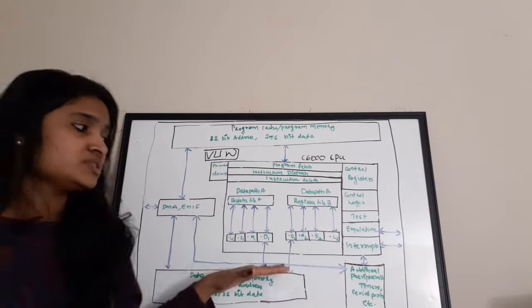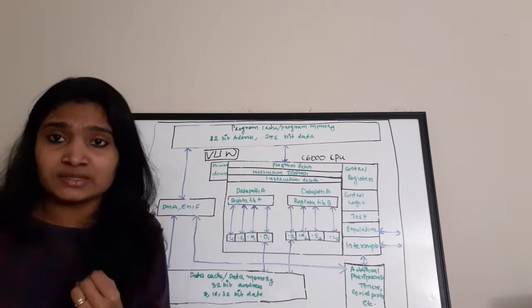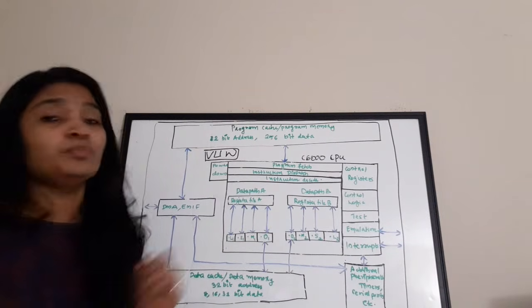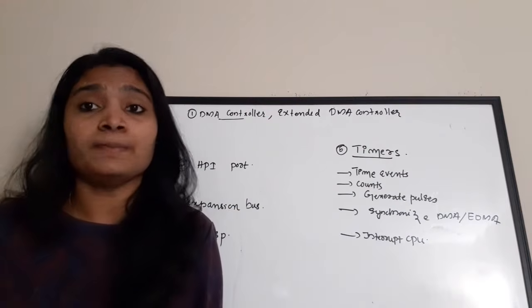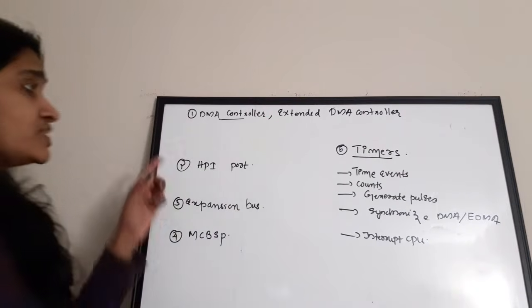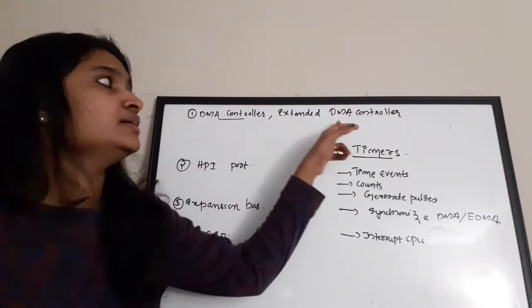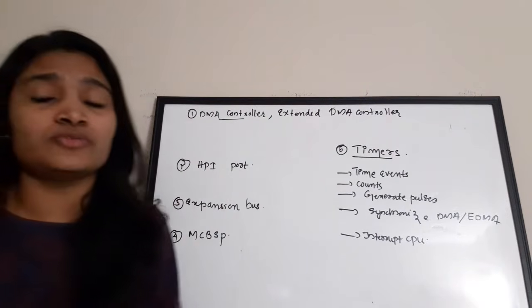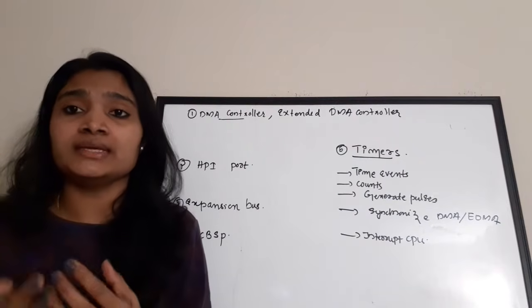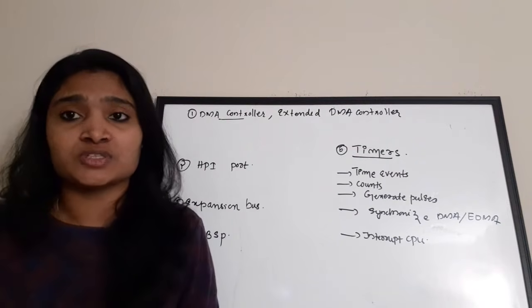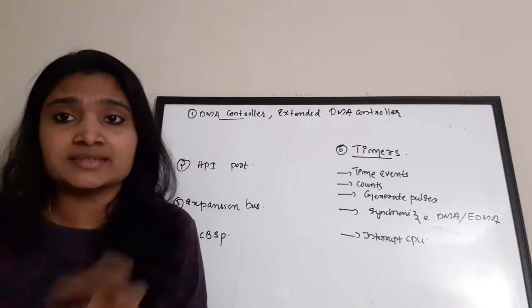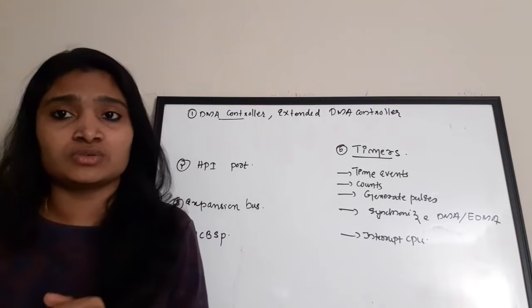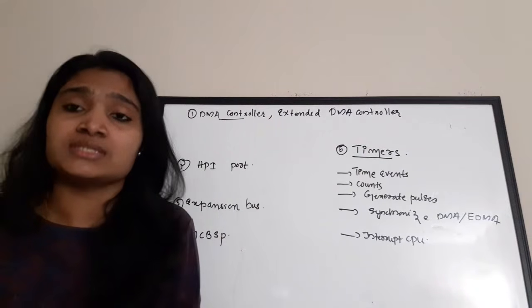Now we are going to see in detail the various peripherals, timers and also some ports. First one is the DMA controller and extended DMA controller. As I said, the DMA controller is used for making DMA, direct memory access, possible, and it is controlled with the help of a DMA controller, which is not a CPU but a separate unit.